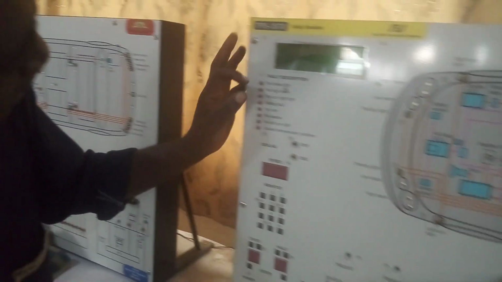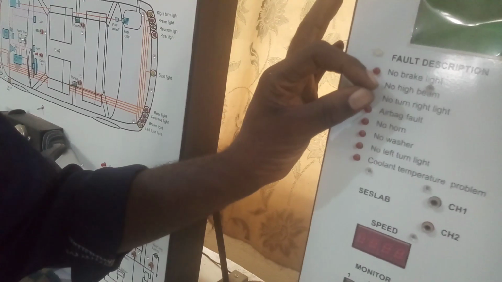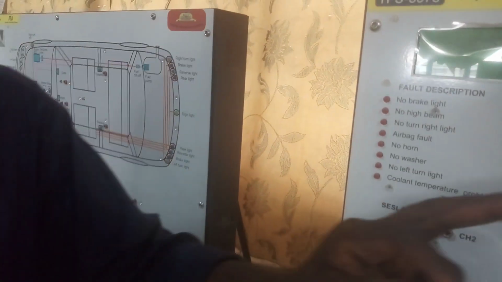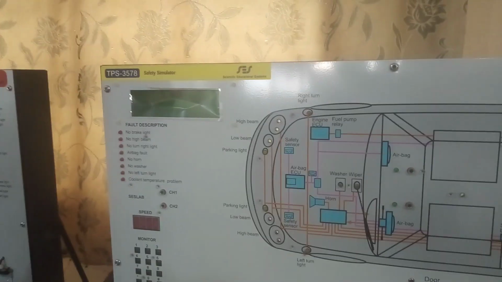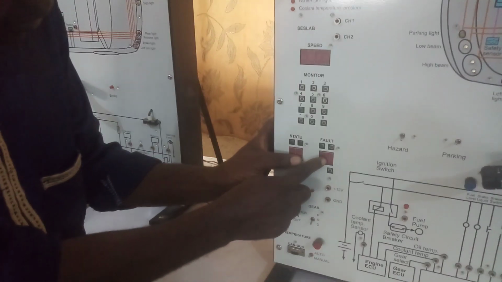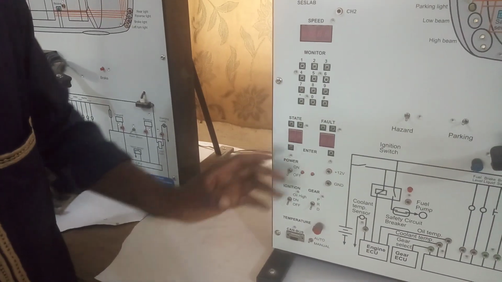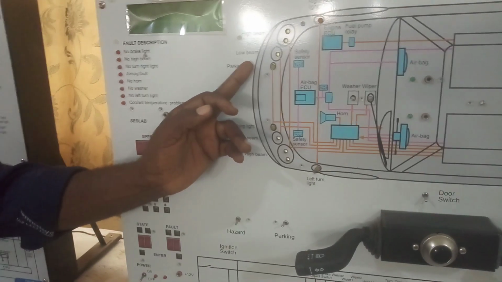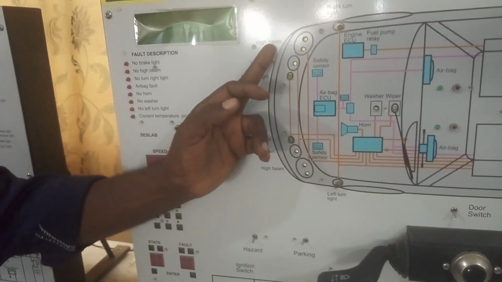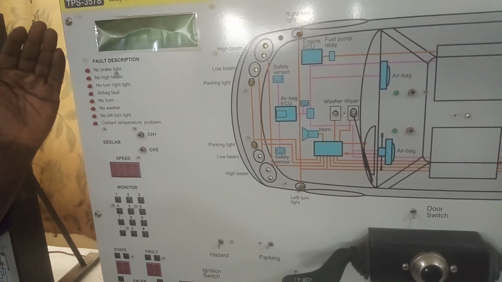You can go ahead and simulate another fault, which is no high beam. And when you come to the vehicle here, you can see high beam here, and if you key in that fault, when you put on the panel, you will observe that the high beam will not show. That is full headlight.